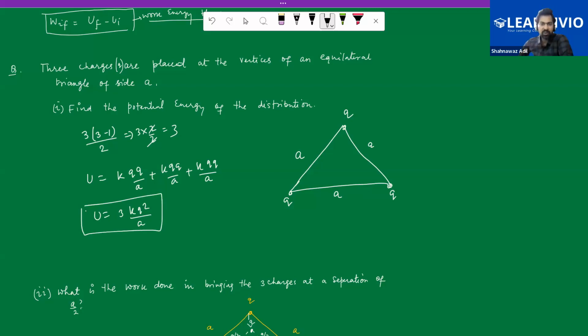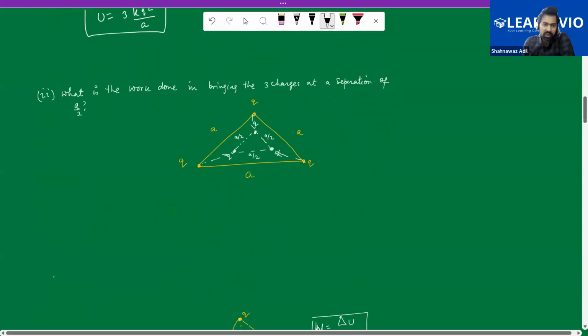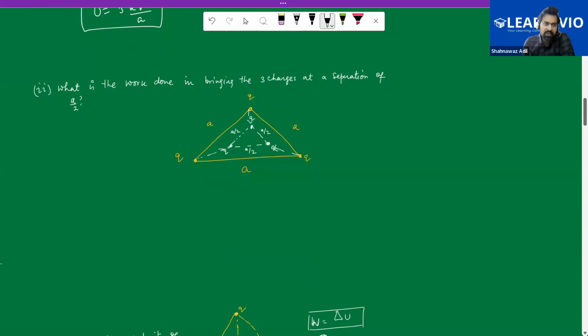And now we want to find out what is the work done in bringing the three charges at a separation of A by 2. So now we are bringing all these three charges at this separation.